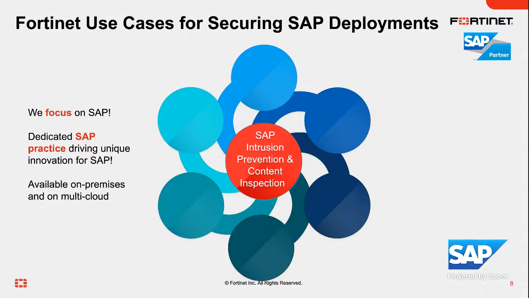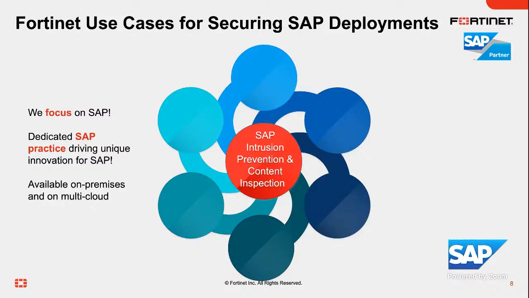solutions, respectively use cases. So one, for example, is intrusion prevention or content inspection. Intrusion prevention, for example, helps to identify network packets on the network and figure out if they belong to SAP or not, or anything else.